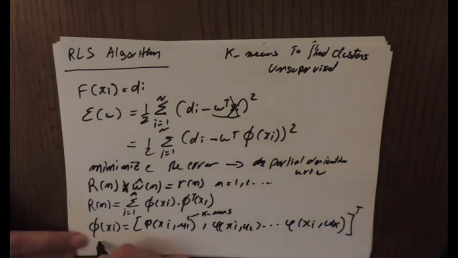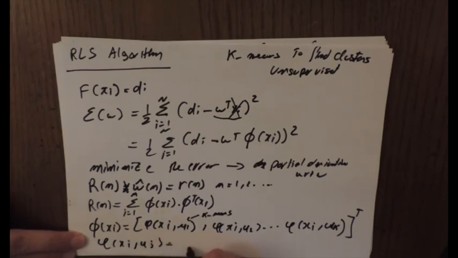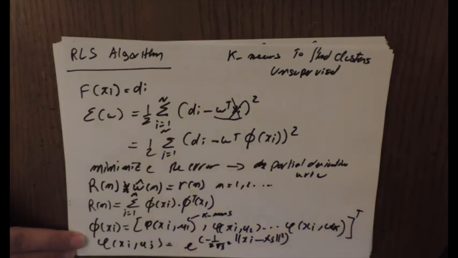Okay, and of course phi of xi, mu j is equal to e to the minus 1 over 2 sigma j squared, xi minus xj squared.